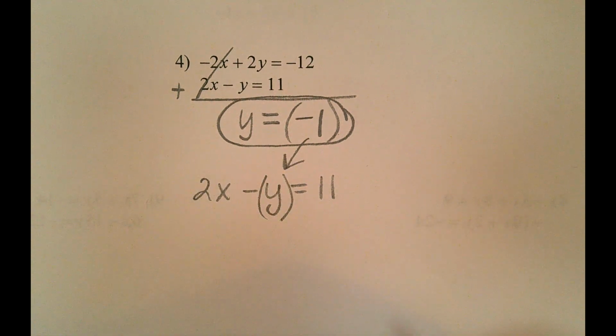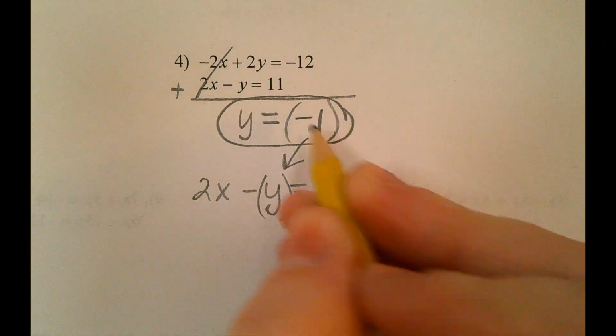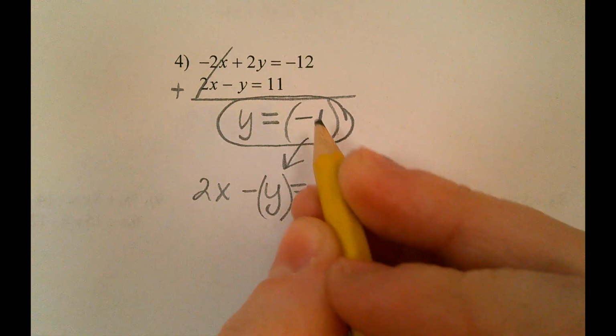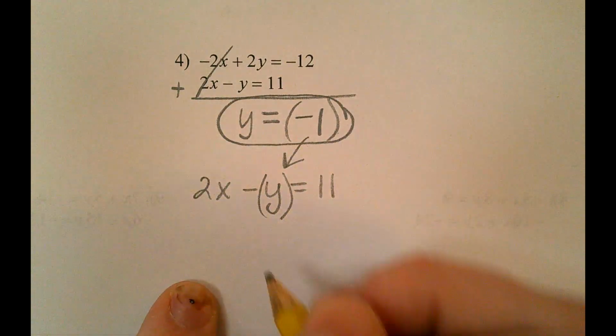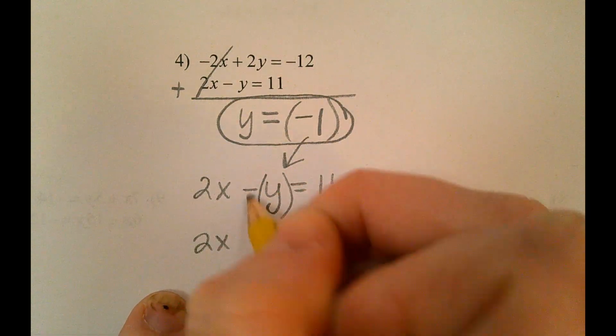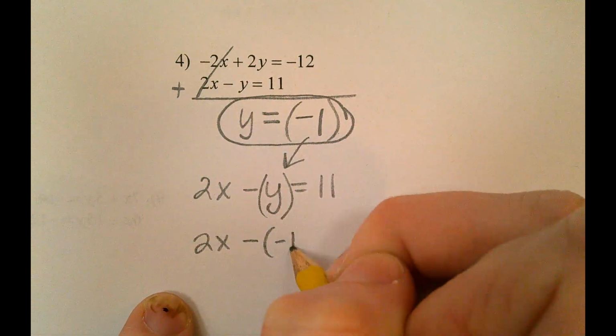Now, let's be careful. This is where I see the most mistakes. Because whenever it says minus something and that something is also a negative number, it's like we just decide to ignore one of those. Those are both important. Include the minus and the negative 1. So we have 2x minus y. Instead of y, we put negative 1.